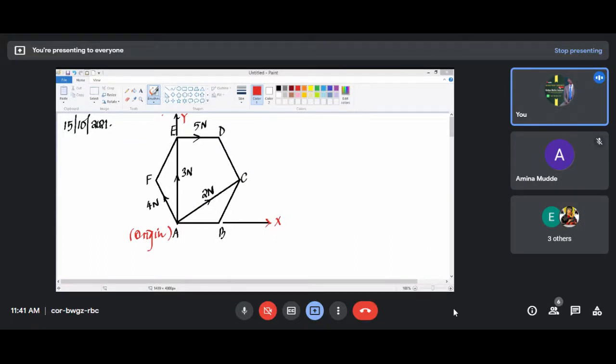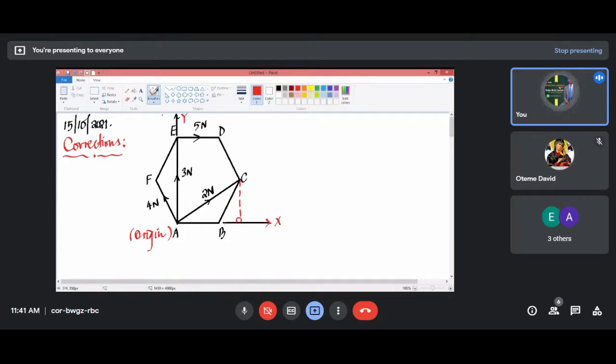Now, having got that trick, you had to get the angle of action of that force along SC.